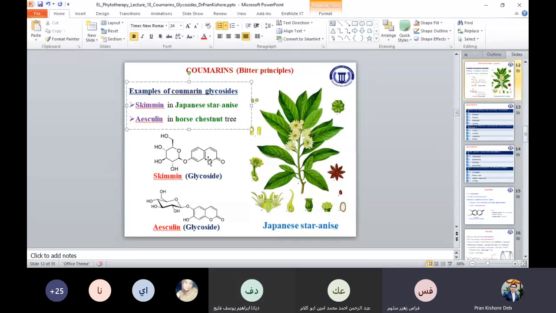How many of you remember? I did not write it in the slide. What is the use of esculene? Does it have any medicinal value? What is the use? Glycoside, so no medicinal use. Yeah, but I mentioned esculene has a use. I can't remember. It is used for what? It has a purpose.